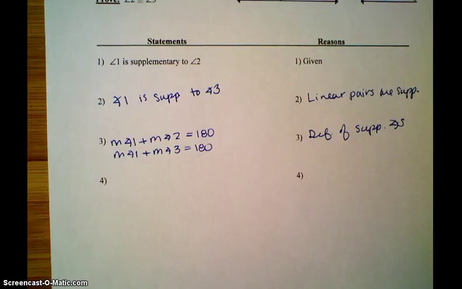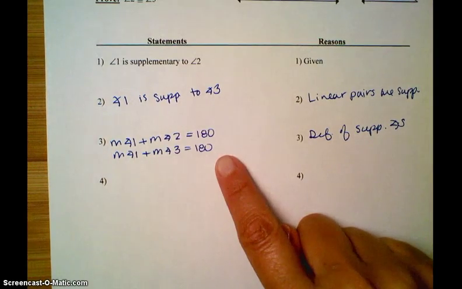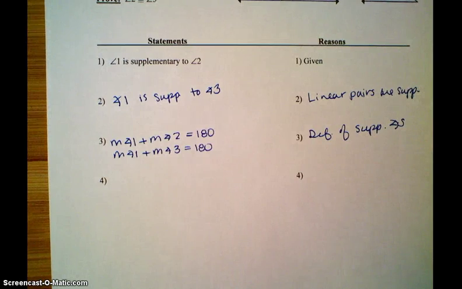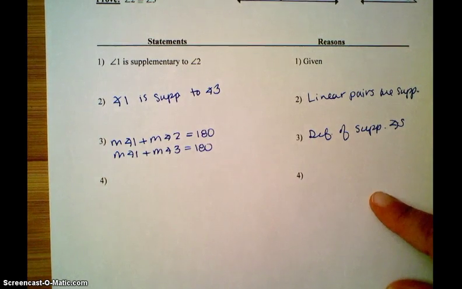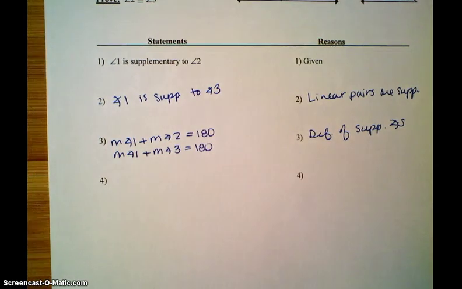Okay, so we applied the definition of supplementary angles to write that 1 plus 2 equals 180 and 1 plus 3 equals 180. Well, we've seen this before in previous examples, so if they both add up to equal 180, then what's the next thing I can say? Stop the video and take a guess.